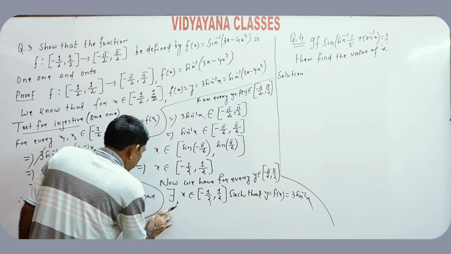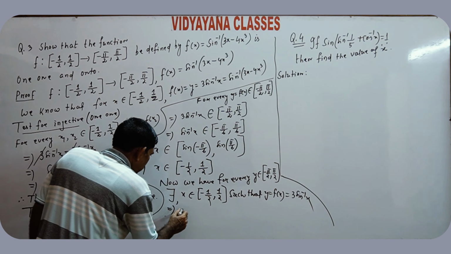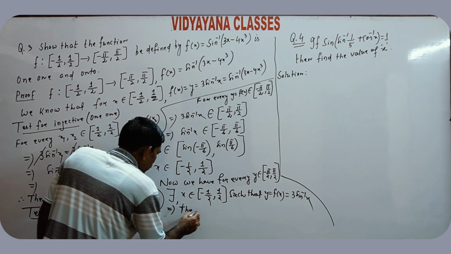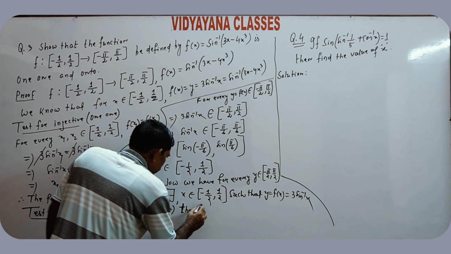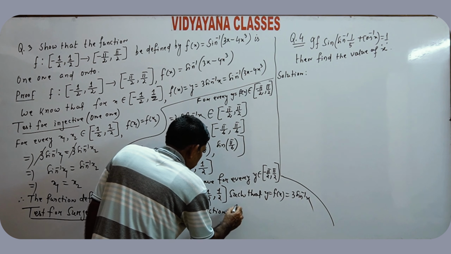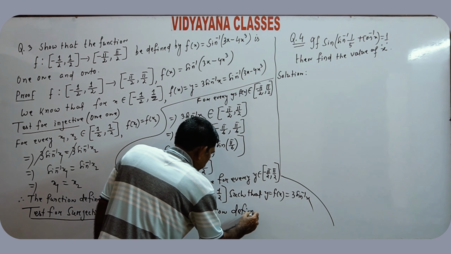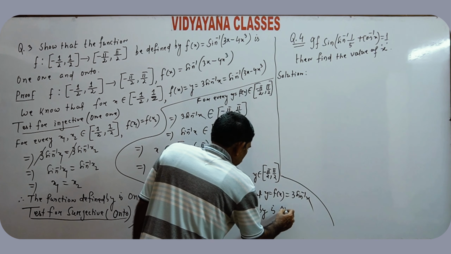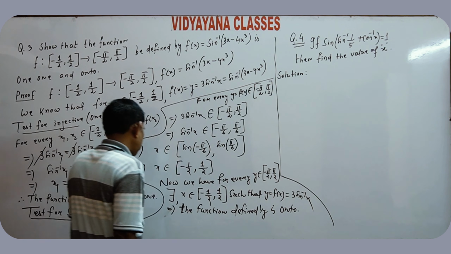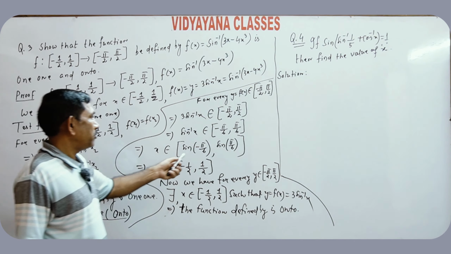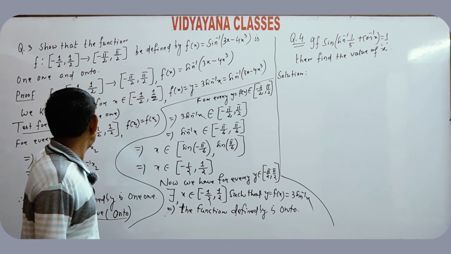Therefore, the function defined by f is onto or surjective. In case 1, we proved the function is one-one. In case 2, we proved that the function is onto.